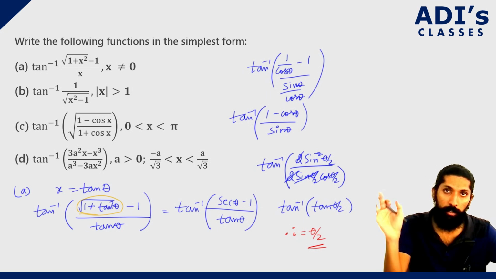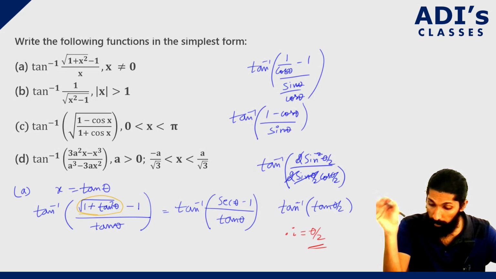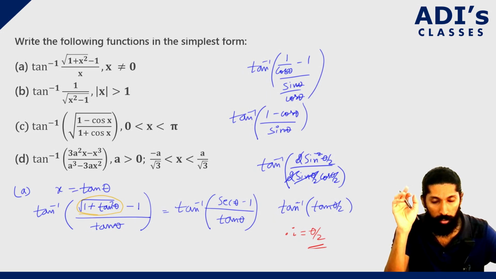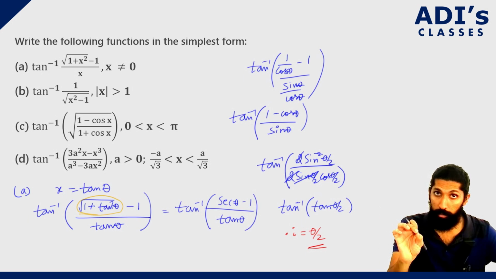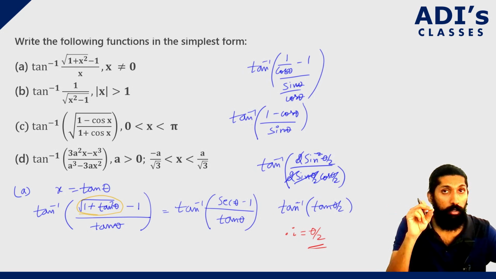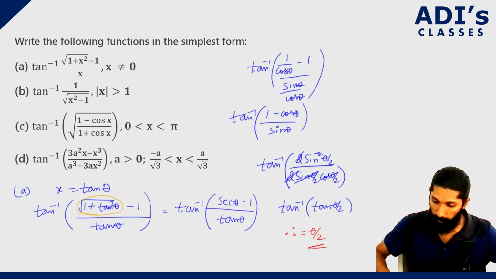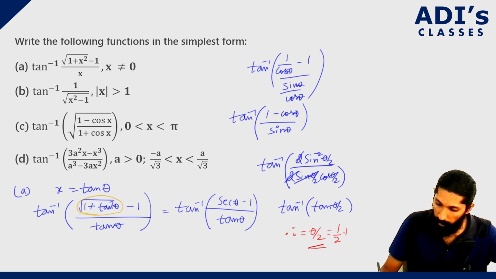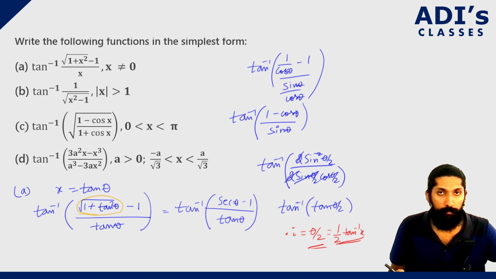Alright, the final answer for the first question is just theta by 2. But what is theta? Tan inverse of x. So finally, you can write this as half tan inverse of x. This is going to be the answer for the first question.